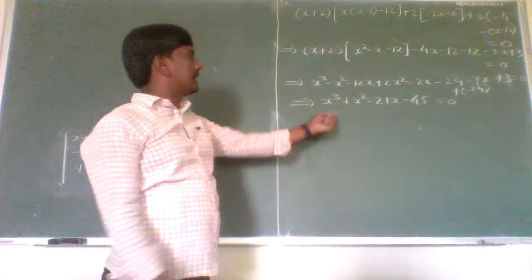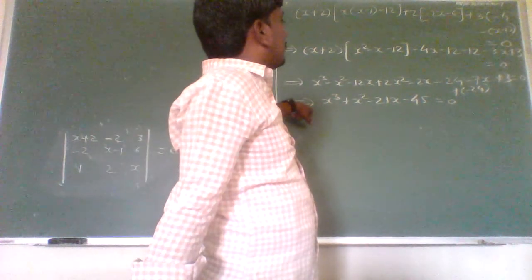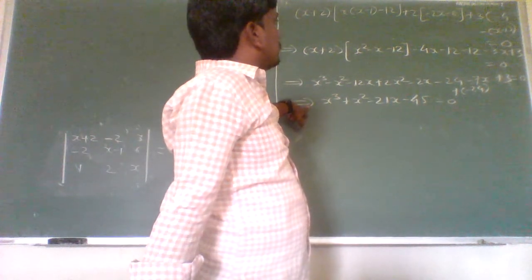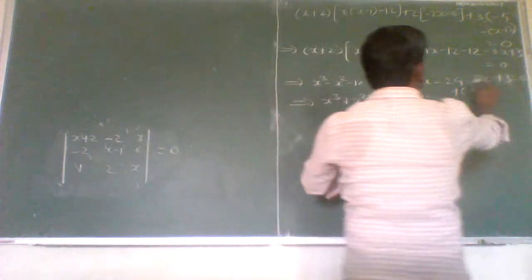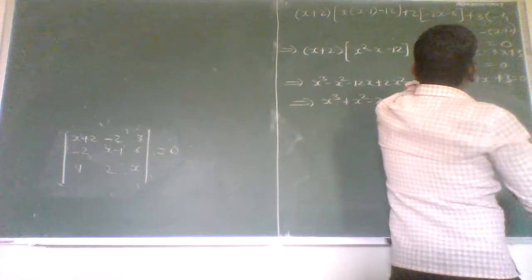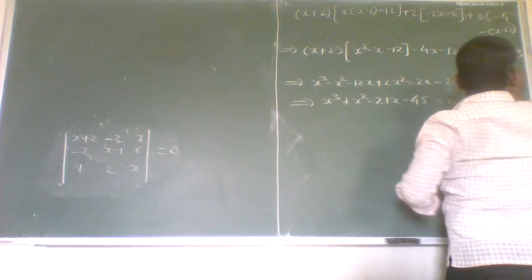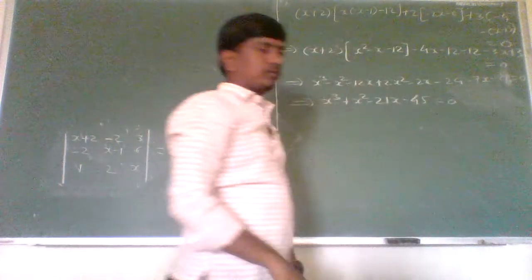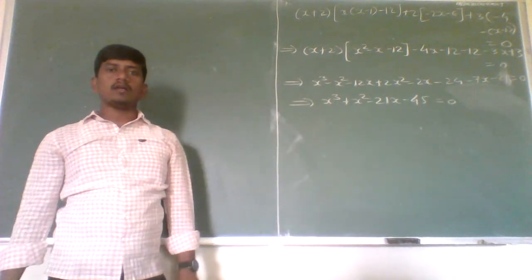So, collecting terms, x cube plus x square minus 21x minus 45 is equal to 0. This one is the characteristic polynomial of the given linear operator.